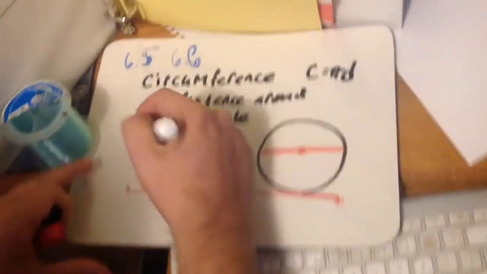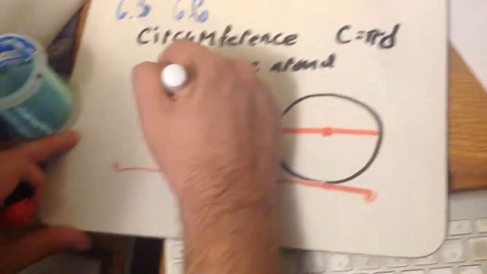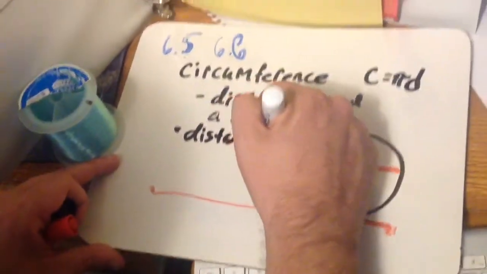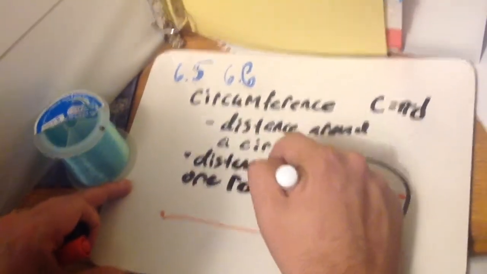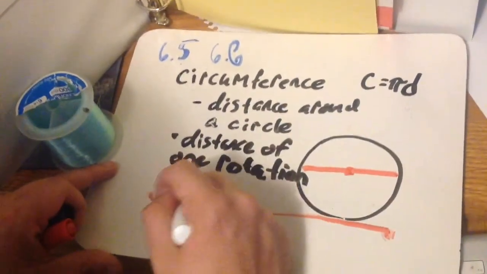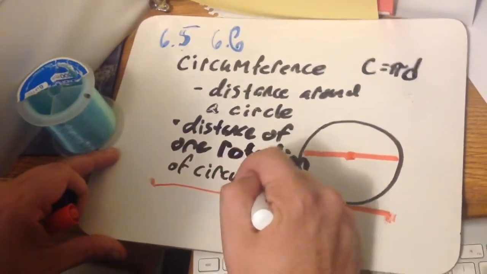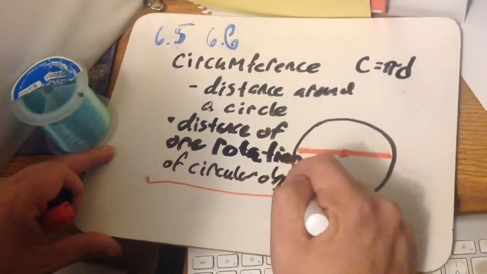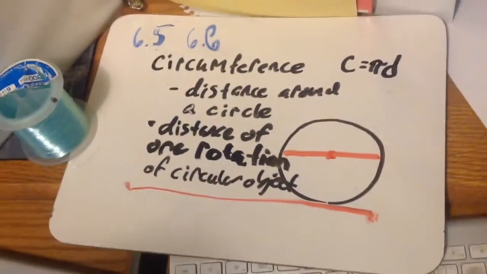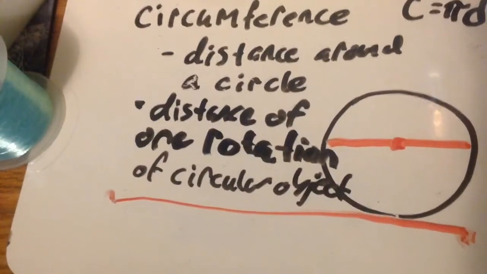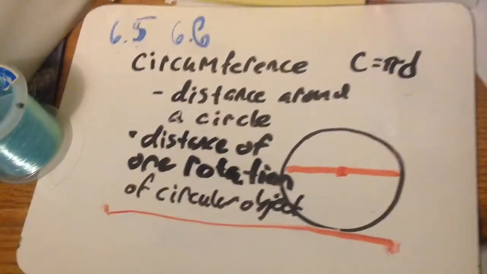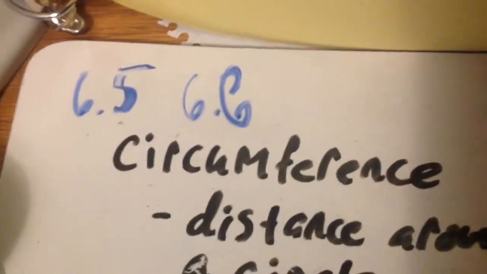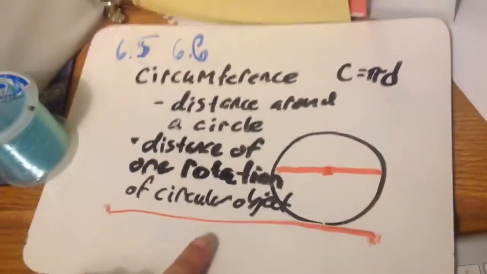So we could say it's the distance of one rotation of a circular object. That's going to be important, especially for the second part of this assignment, the 6.6 part. Make sure they see that.